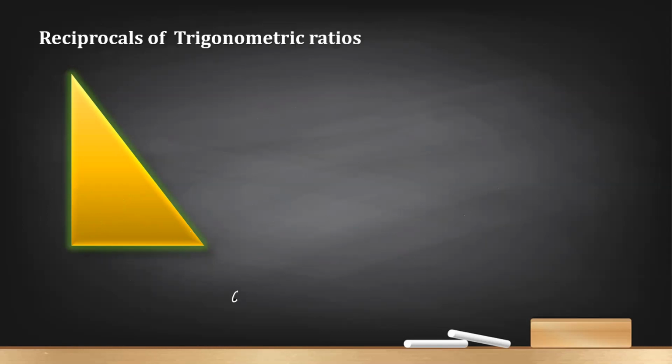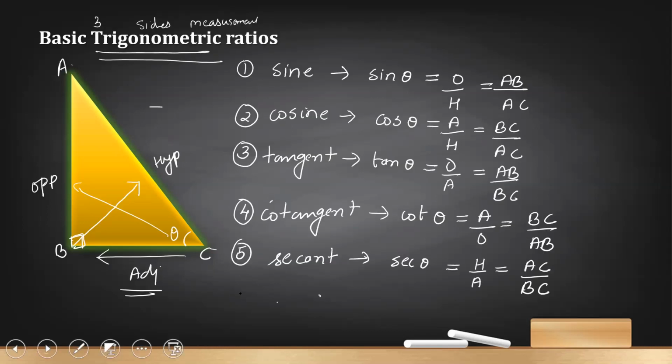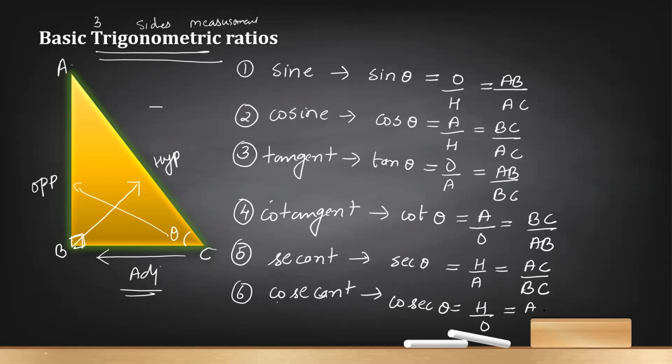The last one which we have is cosecant, which we also call cosec. Cosec theta is hypotenuse upon opposite, so this is going to be AC divided by AB. These are your basic trigonometric ratios.